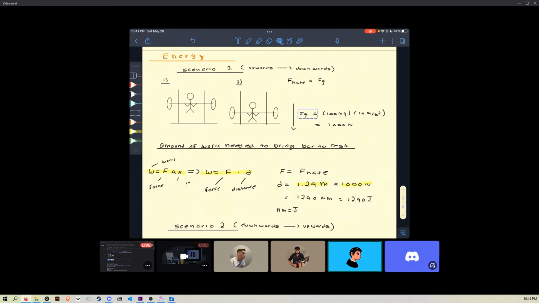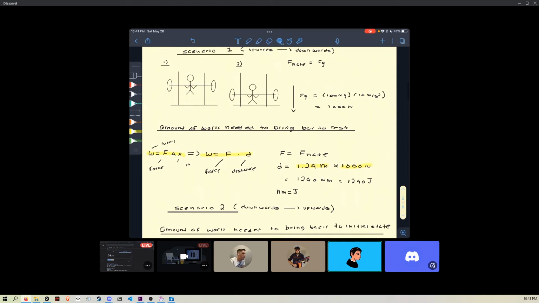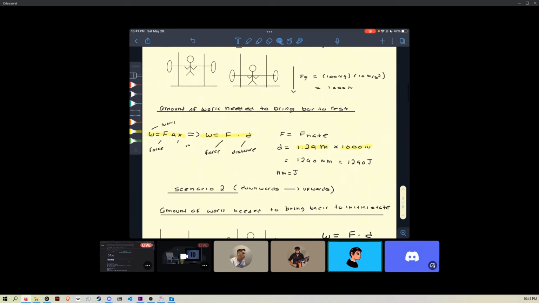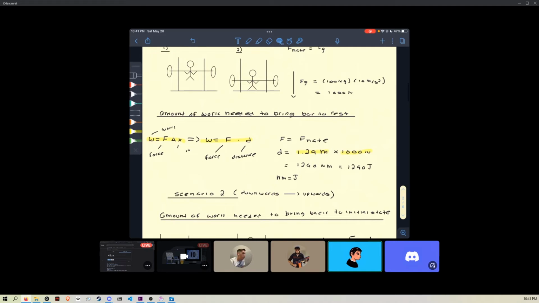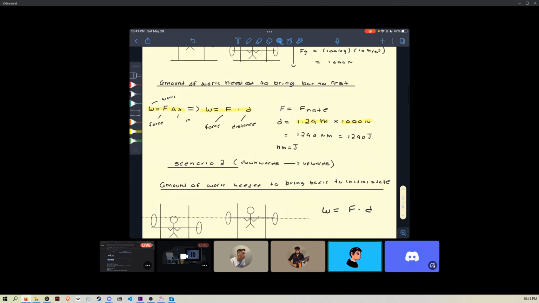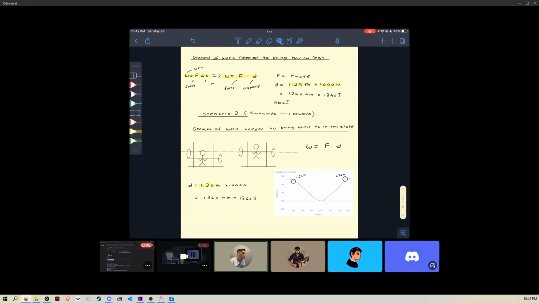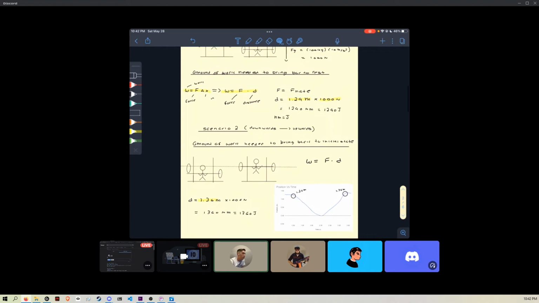We see that the force of gravity is 1,000 newtons because 100 kilograms, the entire weight applied on Nate, times the acceleration due to gravity, which is 10. We multiply that by 1.29 meters, which is the distance in the y component. We get 1,290 joules.